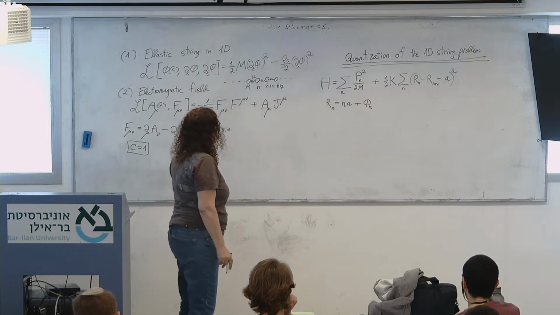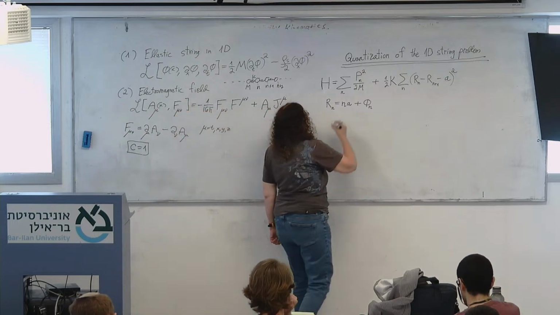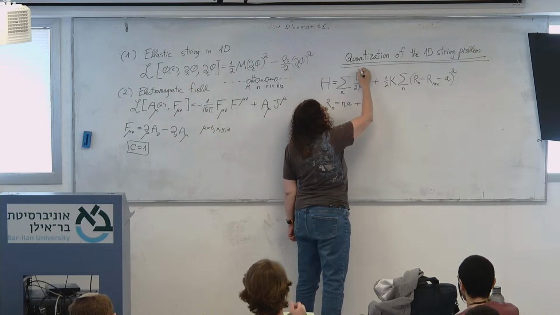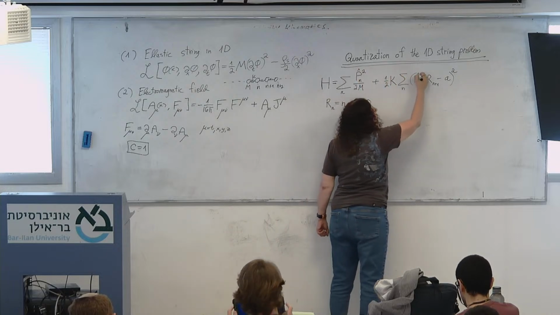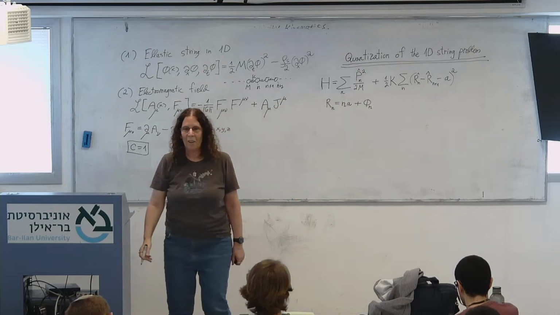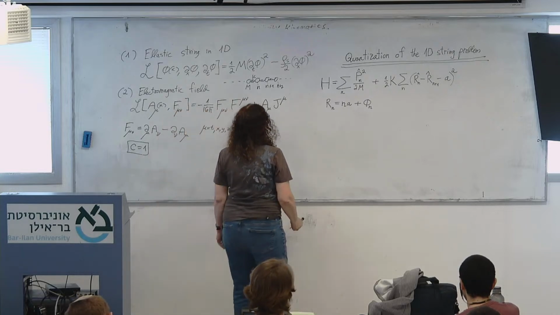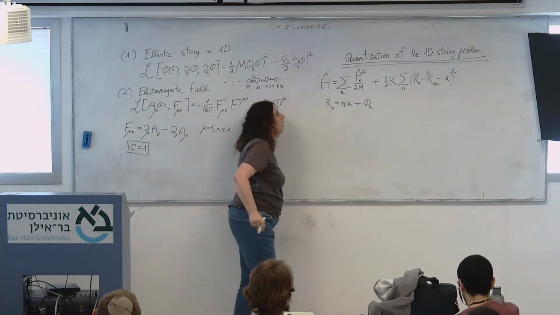Now, how do I quantize this? First of all, I do this. That's the first stage, just to draw hats on all the variables that appear here, including the Hamiltonian.